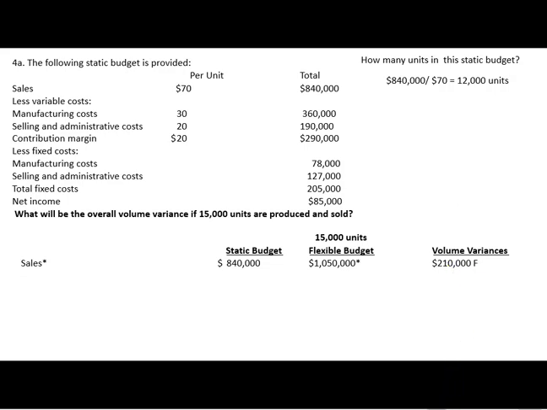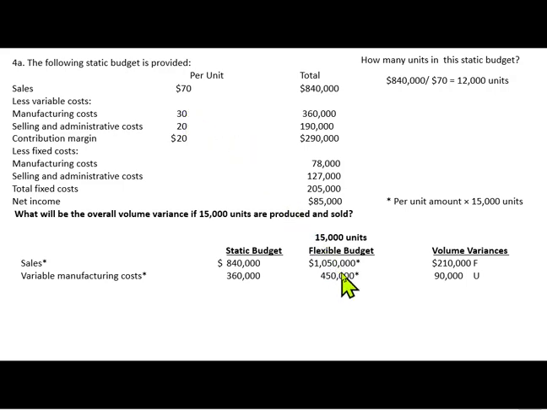But let's go on. So again, we're operating at 15,000 units with this new flexible budget. So let's crank in these other pieces here. Our variable manufacturing costs were $360,000. Now they're going to be $450,000. And the way you get to $450,000 is 30 times 15,000.